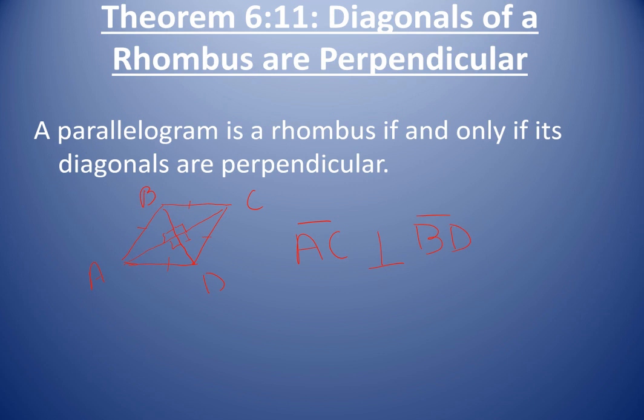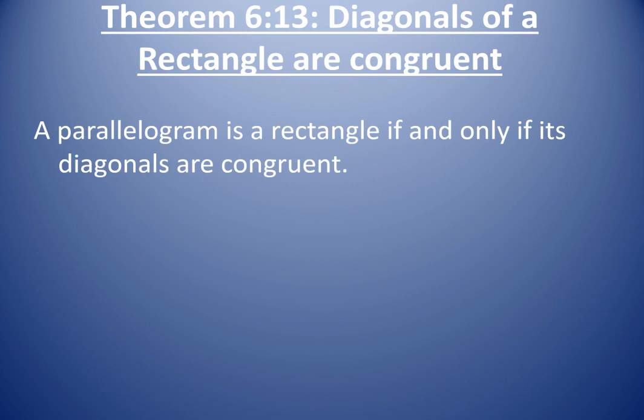Okay, so we'll go on to theorem 6.12, which says that a parallelogram is a rectangle if and only if its diagonals are congruent. So again, you will recall the definition of a rectangle is that it has 4 right angles. Did I skip over one? I think I did.